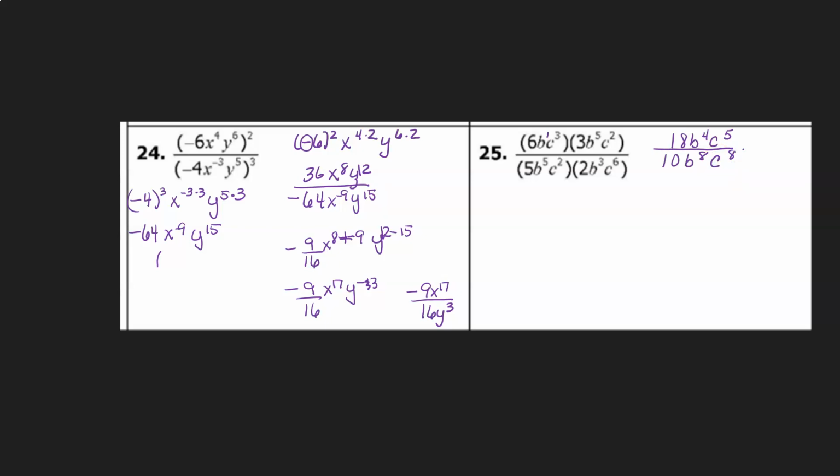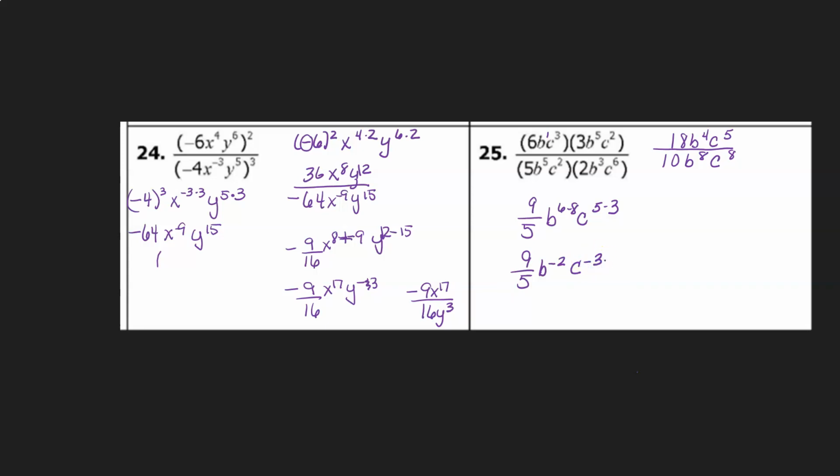So let's reduce that 18 tenths to 9 fifths. So b to the 6 minus 8, c to the 5 minus 8 gives me 9 fifths b to the negative 2, c to the negative third.